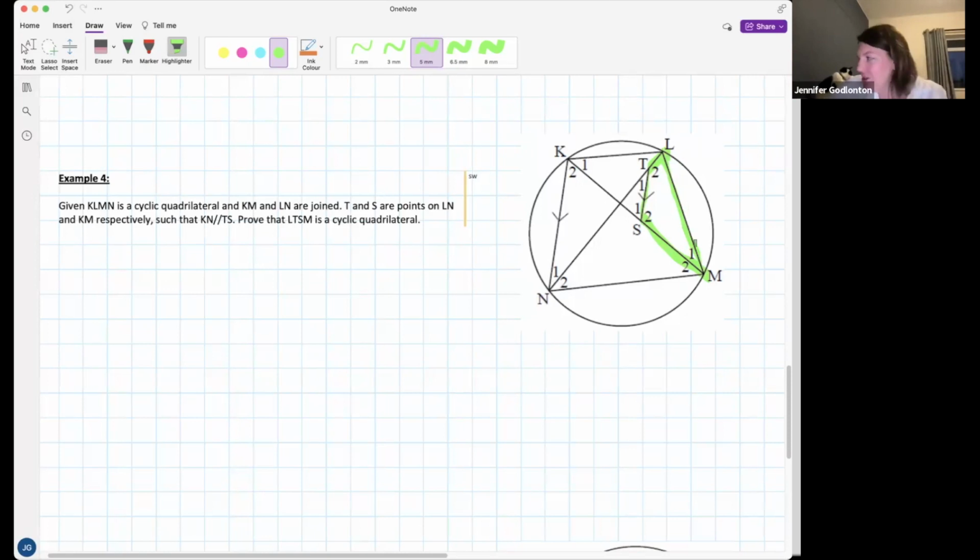When we're given a question and we have no idea where to start, who has a good idea of how we can begin? Because we can't leave it blank.